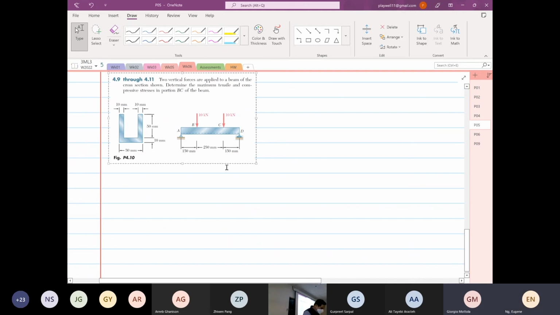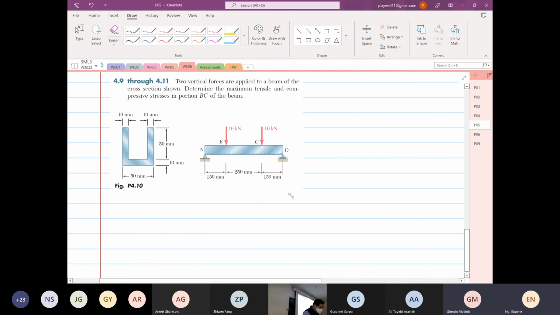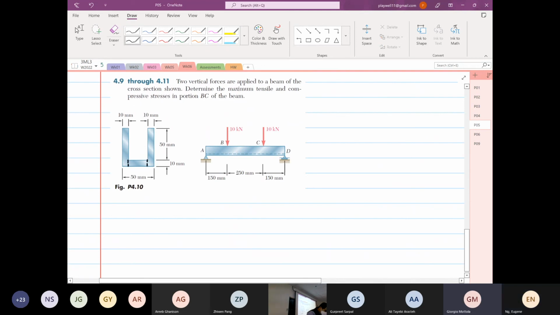It does not matter where you take, the distance will be the same. So I'm going to divide it this way. I'm going to call this our web 1. This is our flange. I know you are very familiar with what's a web and what's a flange now.